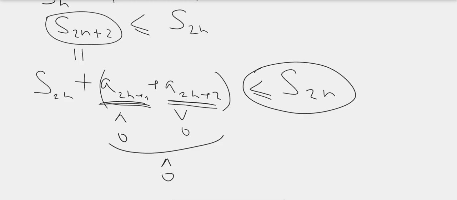So if these values are exactly the same by absolute value, then we added 0, so it's less or equal. Okay.